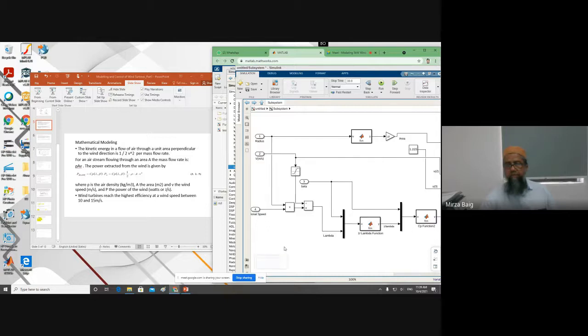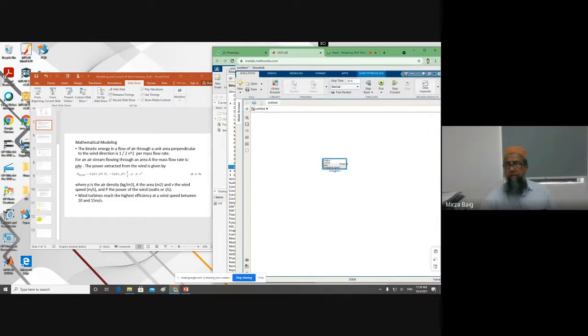So now, if you go back, we have the subsystem, which has a radius, so that's about 5 kilowatt.